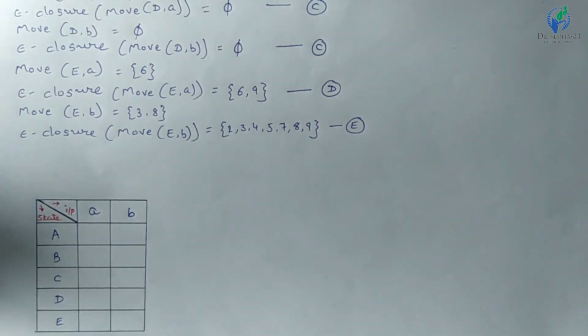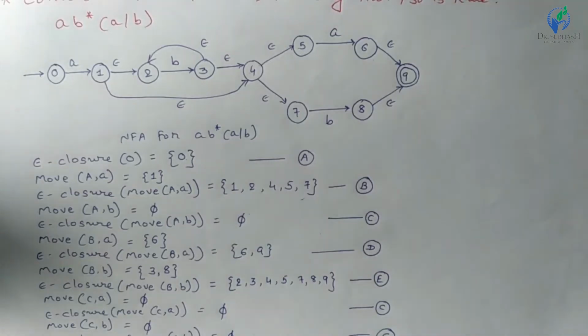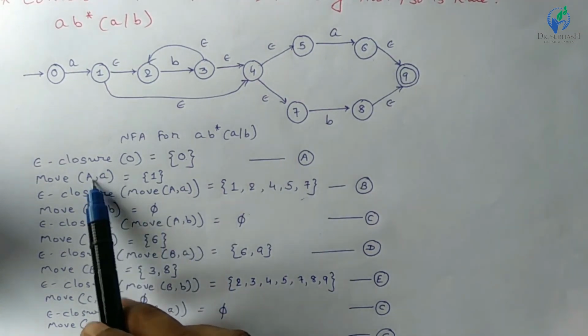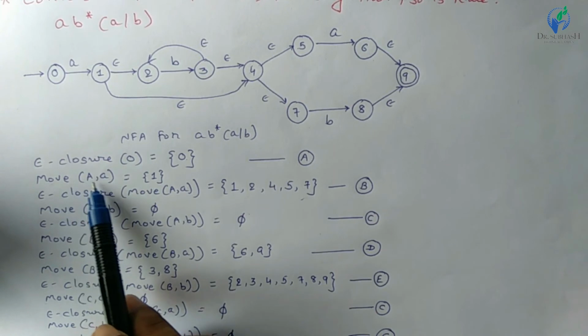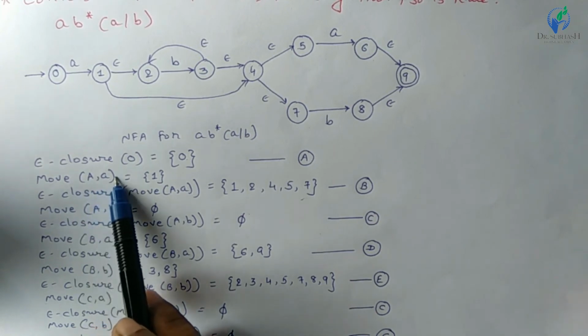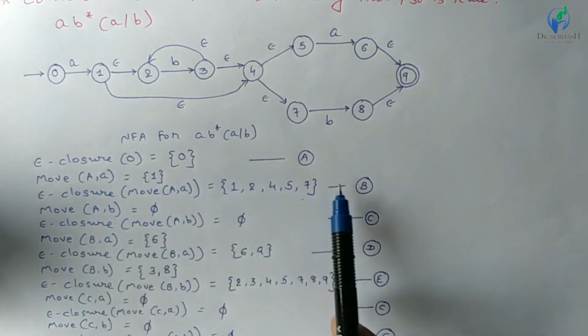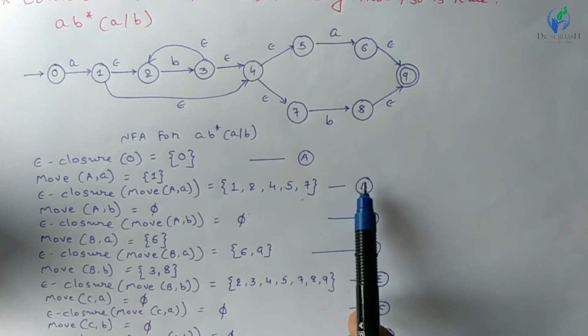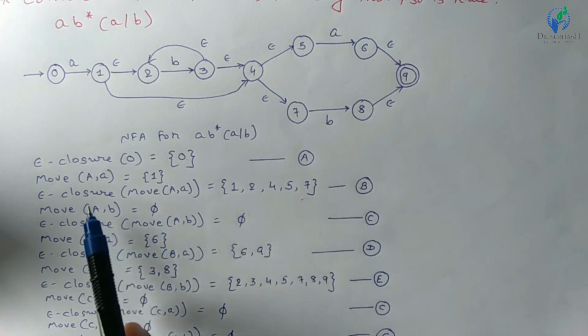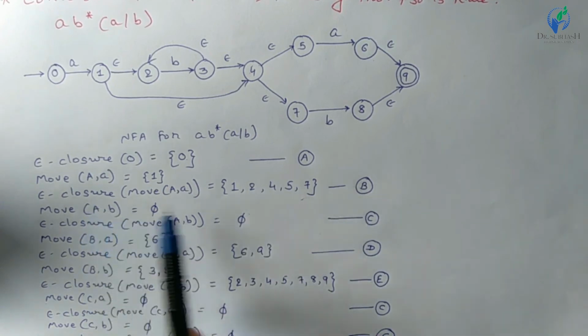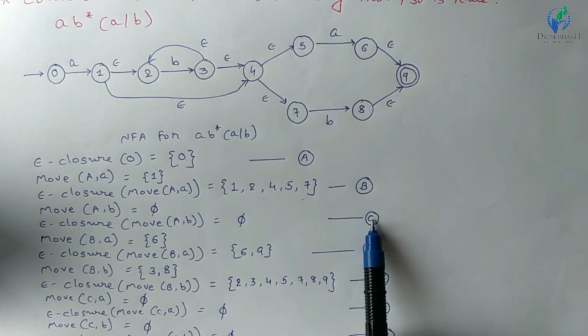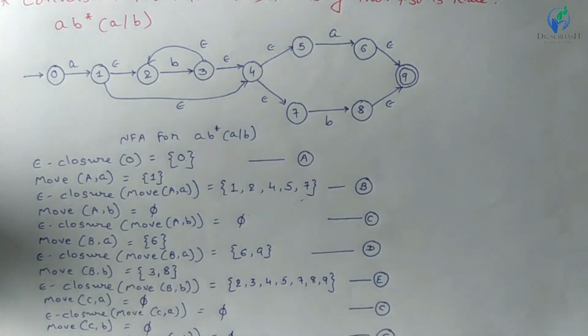Now you have to fill in the transition table. First check what is the state when you move from A to A. A to A you got state B, and move A to B, you got state C. So write this entry in the transition table.